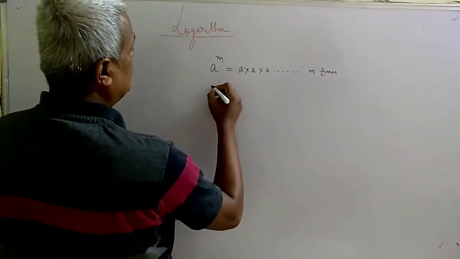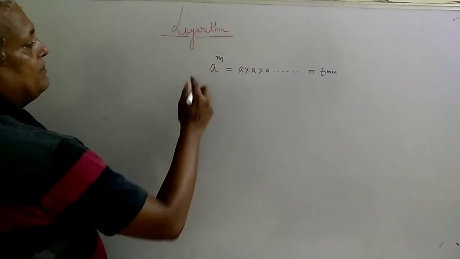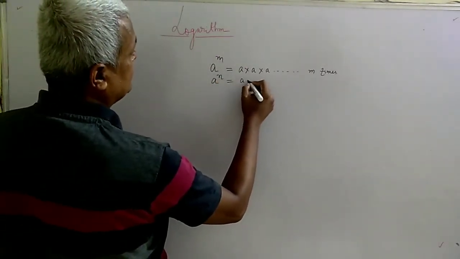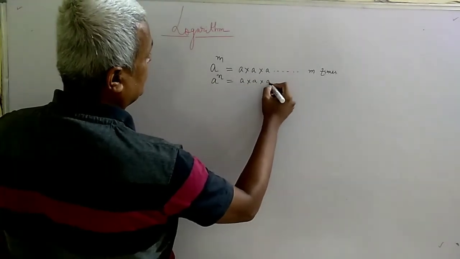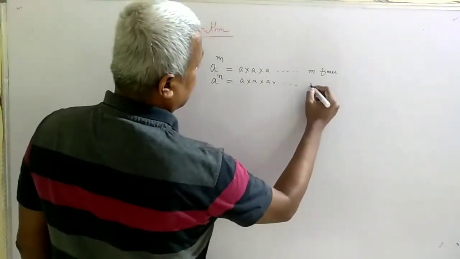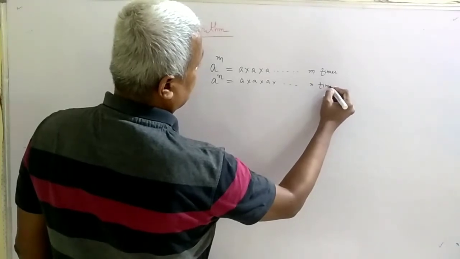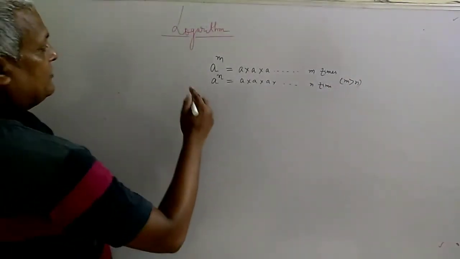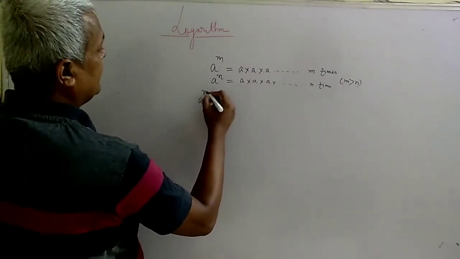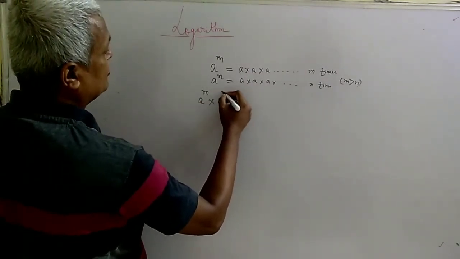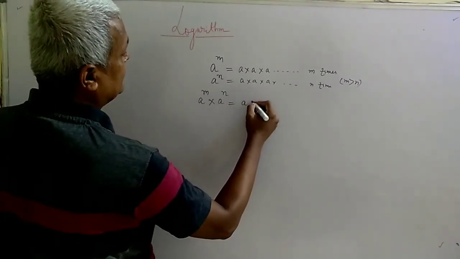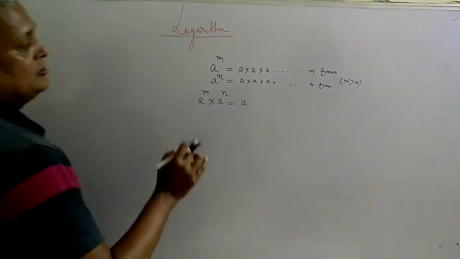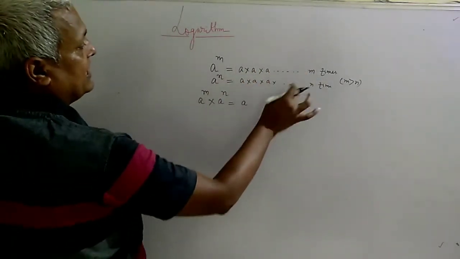If a to the power n is a into a, that is n times, and just assume that m is greater than n, then if I multiply these two, a to the power m into a to the power n, it will become the m times here and the n times here.